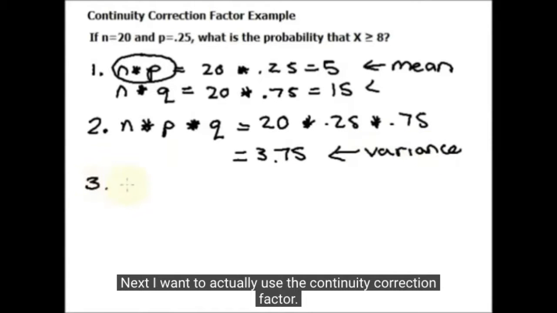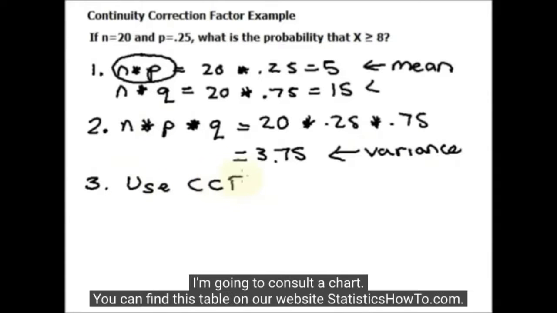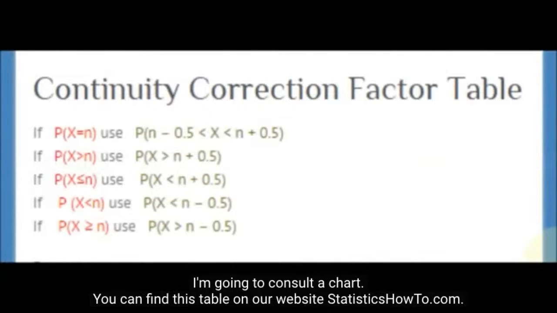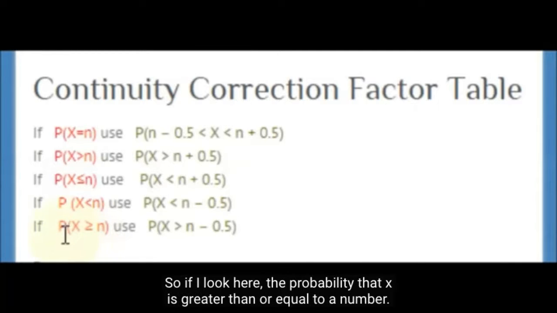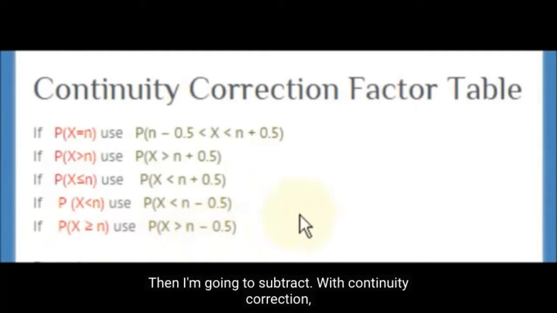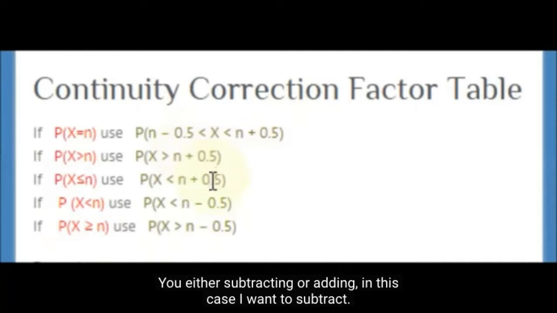Next, I want to actually use the continuity correction factor. I'm going to consult a chart. You can find this table on our website, statisticshowto.com. What I'm looking for here is the probability that x is greater than or equal to 8. So if I look here, for the probability that x is greater than or equal to a number, with continuity correction you're either subtracting or adding.